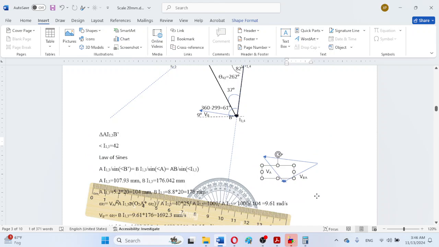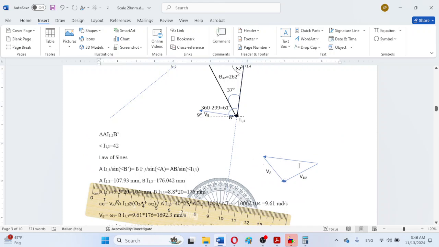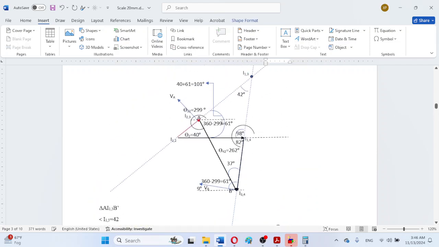This is velocity va, meaning actually this is the negative of velocity va that has been added, and this is the velocity vb.